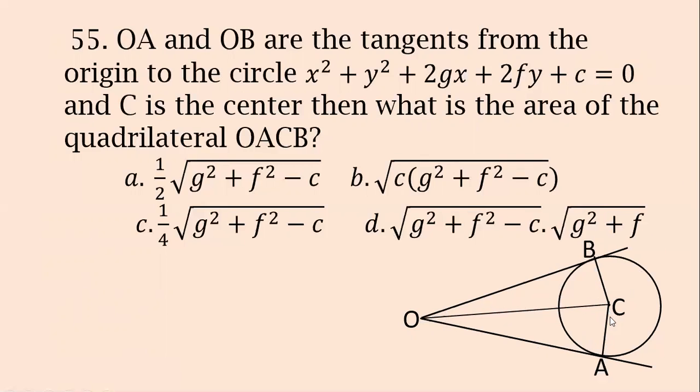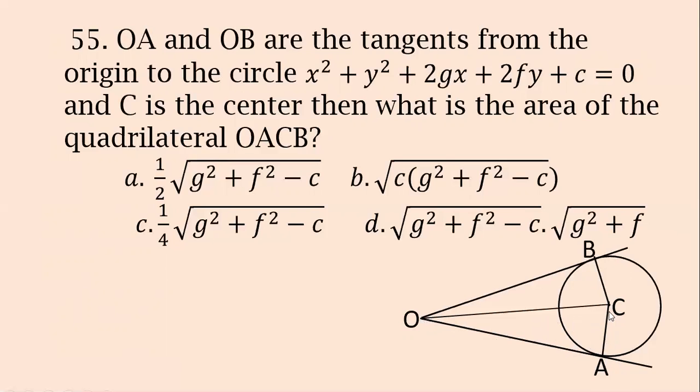So this is a right angle triangle OAC because this is perpendicular. We know the tangent is perpendicular to the radius through the point of contact. So this is a right angle triangle. So for a right angle triangle, we can put the formula half into base into height. So we need to find out OA and AC.